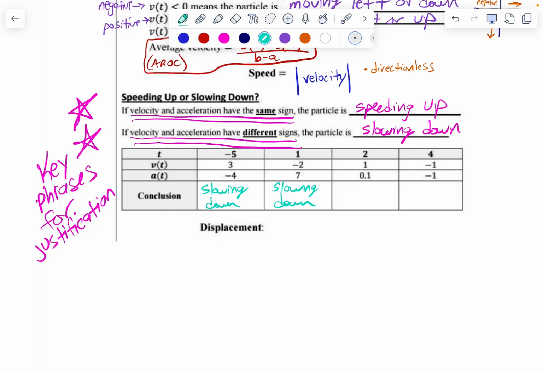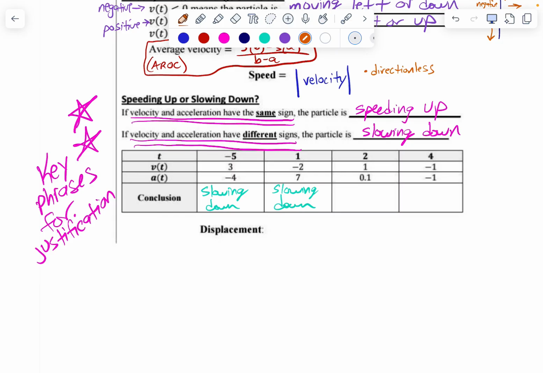Perfect. Chloe, tell us about the third one. At 2 seconds, it is speeding up.